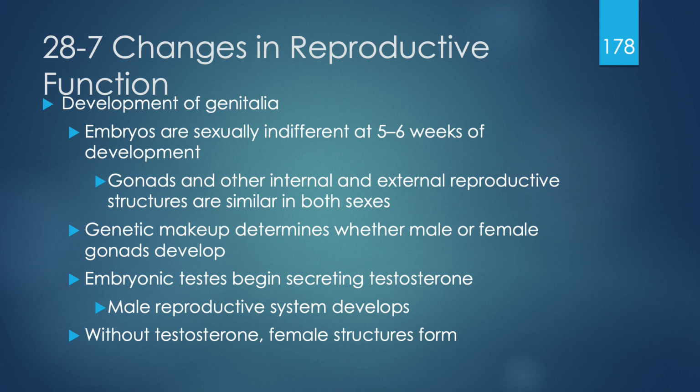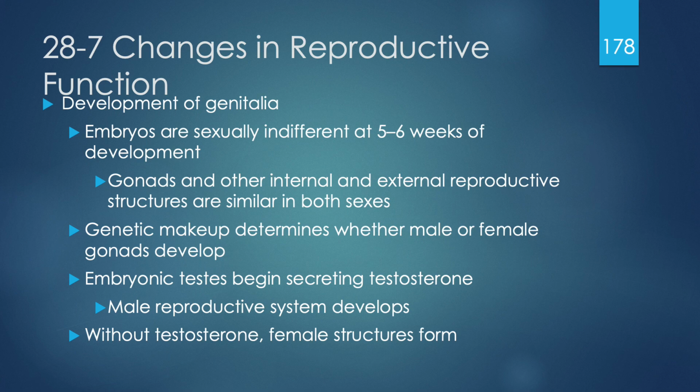So, the development of genitalia. First off, it's important to note that up until about, let's say, 6 weeks of development, embryos are totally sexually indifferent. So this means that when you look at them through imaging, you cannot identify at all whether it's a male or female. The gonads and other internal structures as well as external structures are both totally similar, and it is the genetic makeup which will determine whether a male or female set of gonads develops.